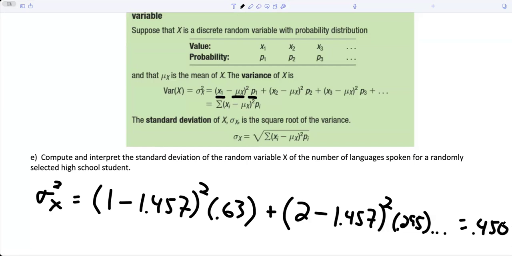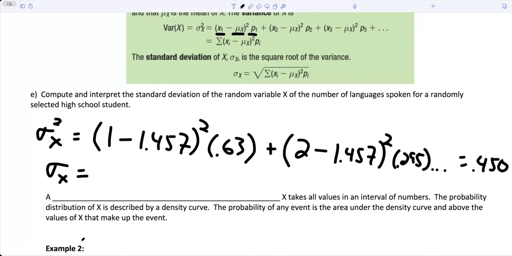So that's the variance. To get the standard deviation, we're going to take the square root of that. And so the square root of 0.45 would give me 0.671. So it also asked me to interpret that standard deviation.